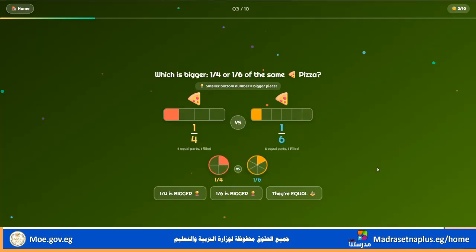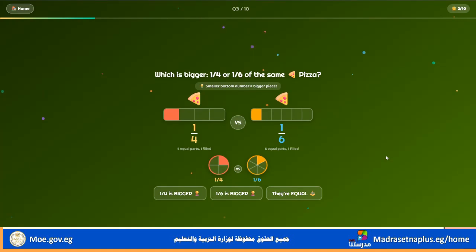Next. On the left, 1/4. On the right, 1/6. Now you can see inside the circles, 1/4 and 1/6. Okay, if you have two pieces of pizza, one of them 1/4, the other 1/6, which one will you get? Yes, I am so hungry. So I'll get 1/4.